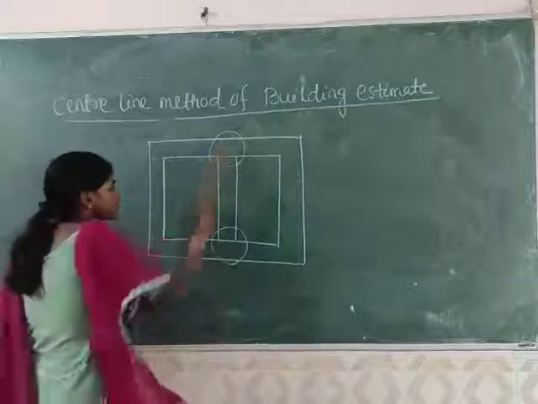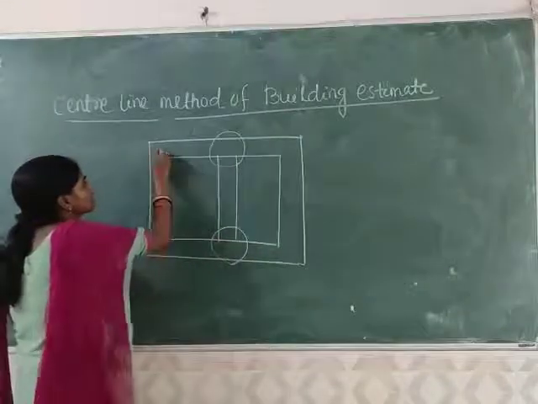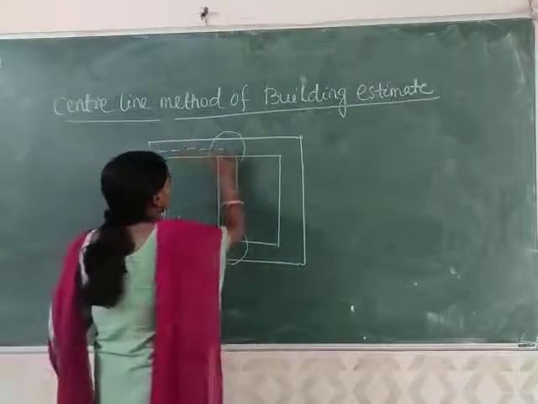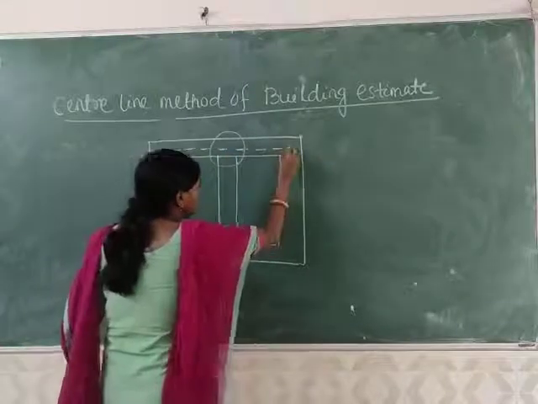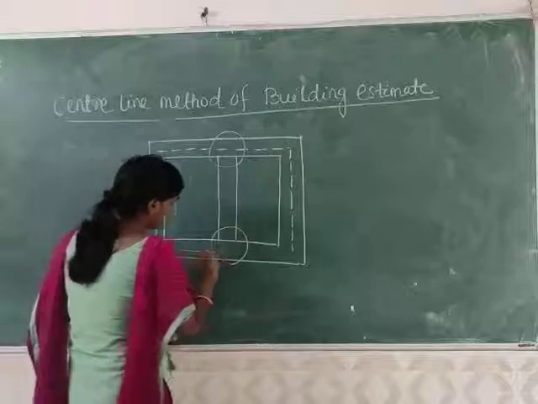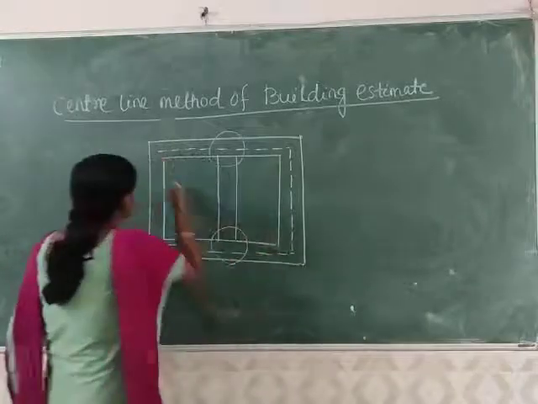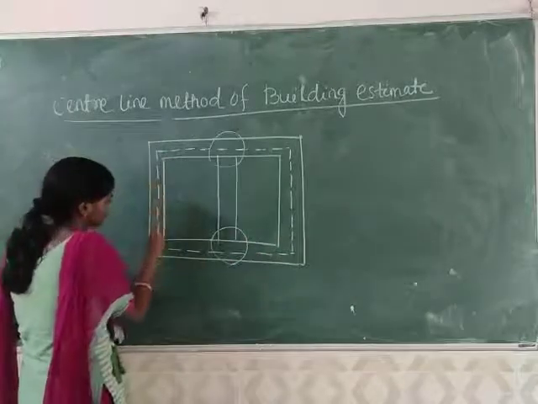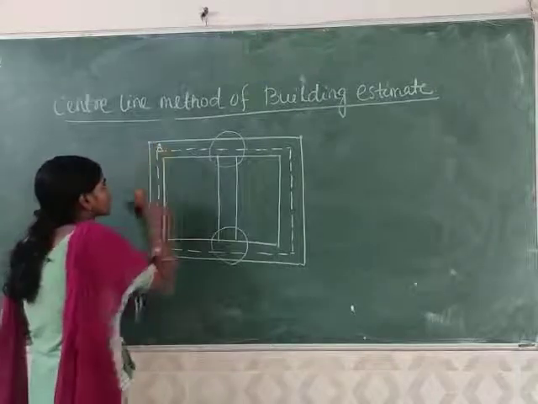So, these two are the junctions. As in the previous example, similarly again we will find the total center to center length.